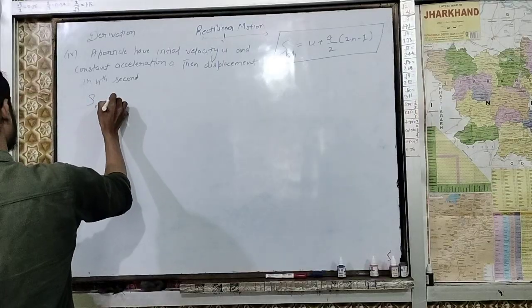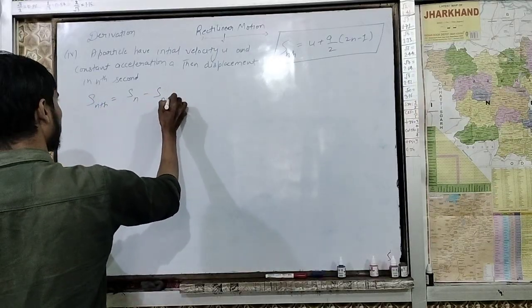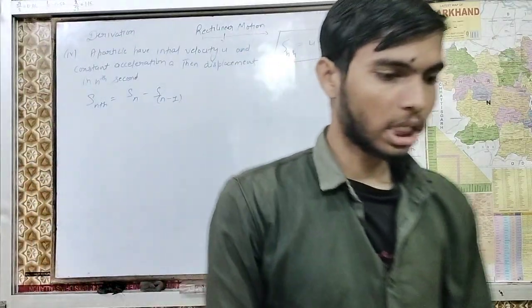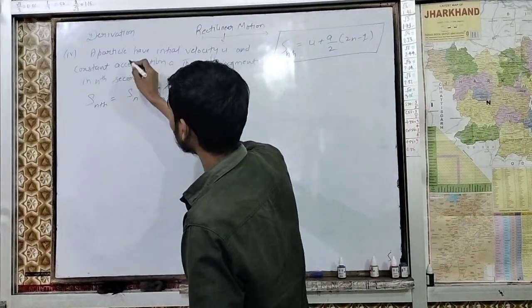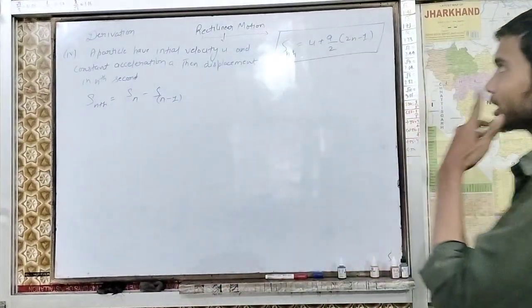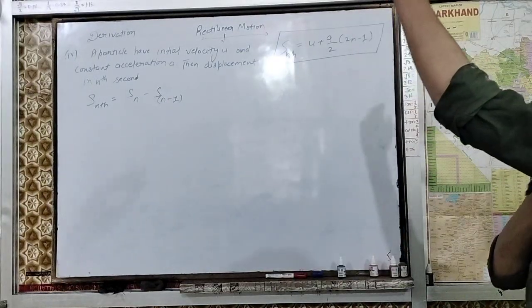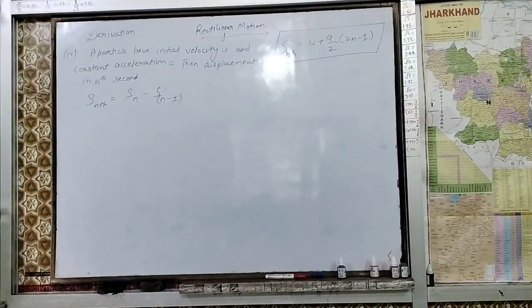S_nth = S_n − S_(n−1). Look, where did this first equation come from? I would say it came from this statement: there is a particle with initial velocity u, initial, not final, and constant acceleration.